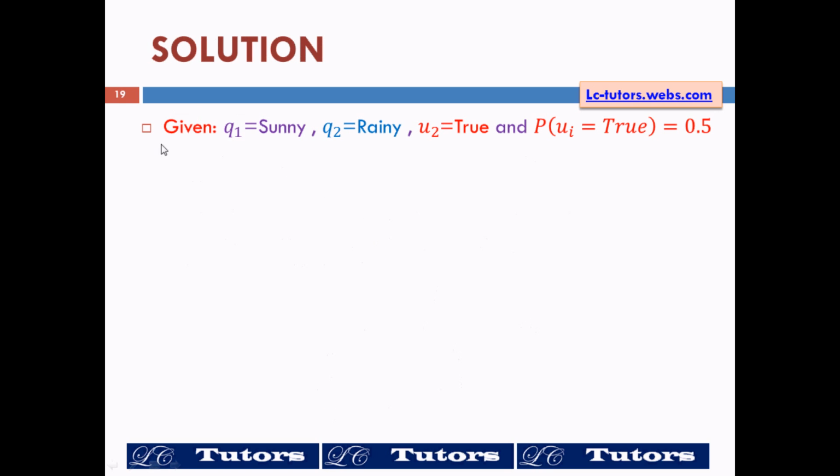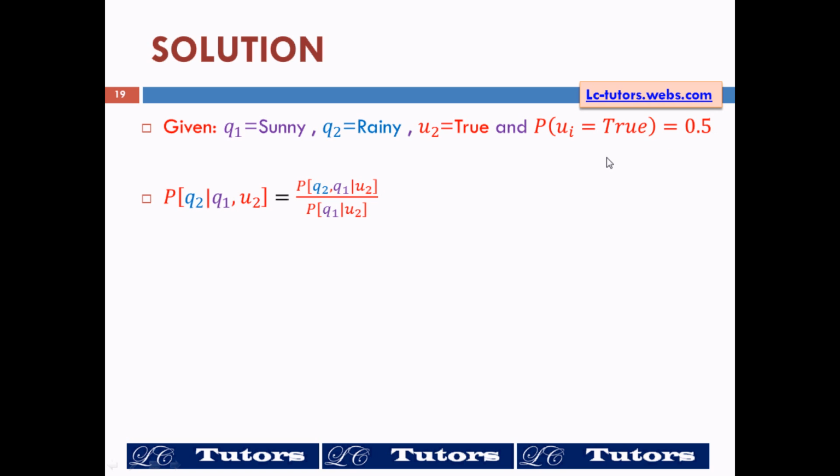So q1, the state on day 1, is sunny, and q2, the state on day 2, is rainy. u2 is the observation on the second day, that there is a true umbrella event, and if it is true we normally take it as 0.5.